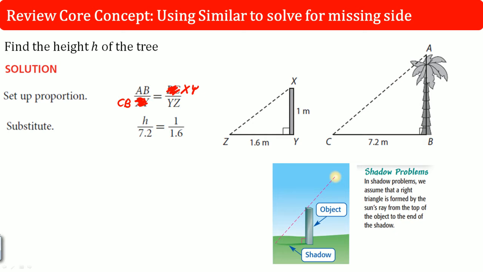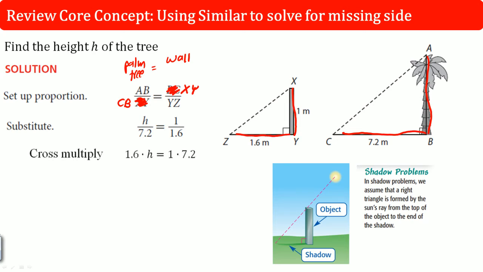This ratio right here was the palm tree. Okay, so that's the AB divided by CB part. And that's going to be equal to, let's say, this wall, which is going to be 1 divided by 1.6.